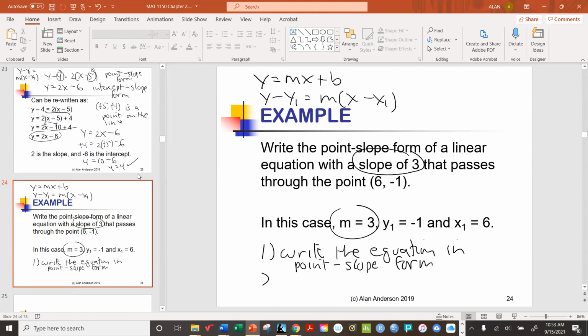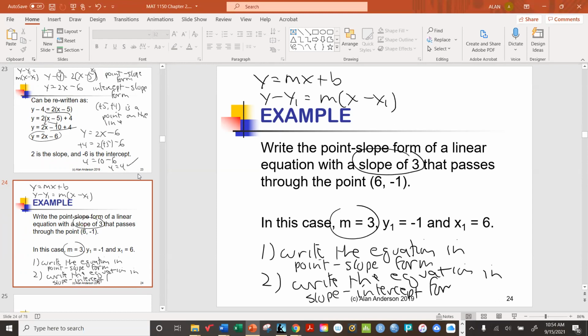And then write the equation in the traditional slope-intercept form, based on what you're seeing on the top there.